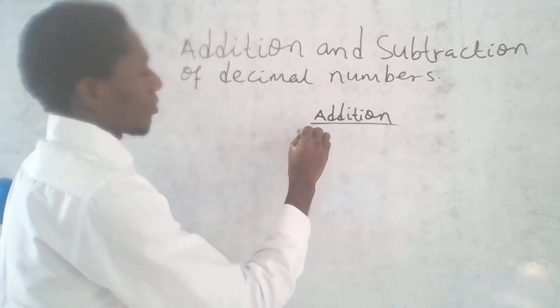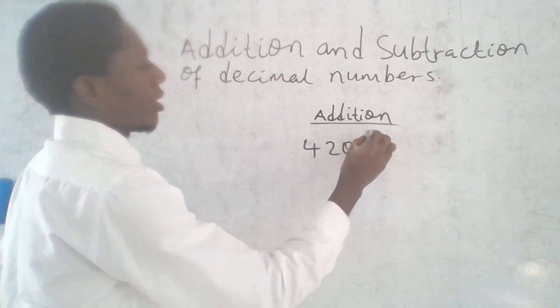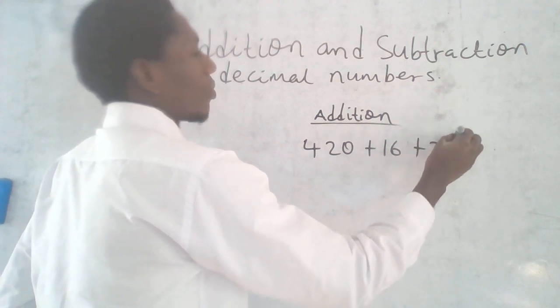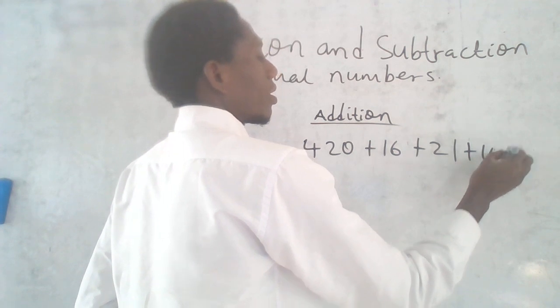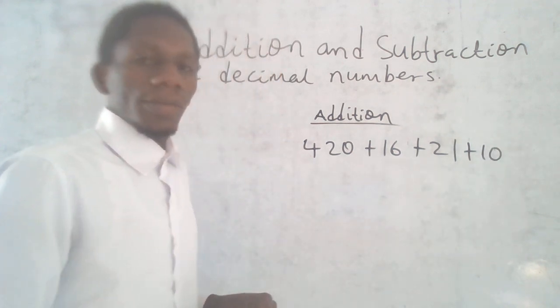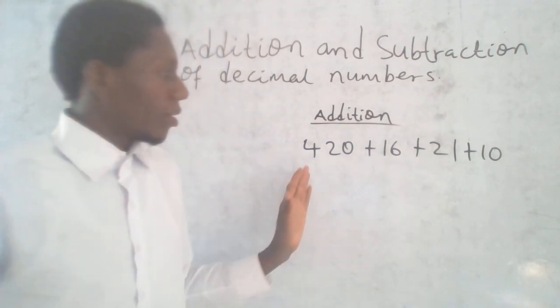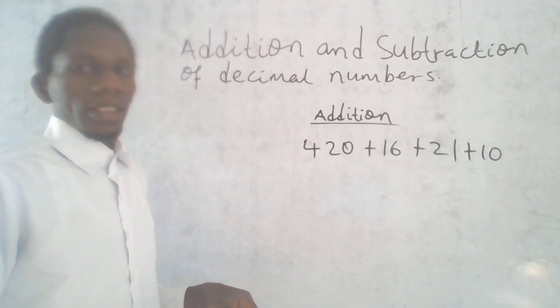For example, 420 plus 16 plus 21, then plus 10. They need to add these numbers all together and arrive at an answer.